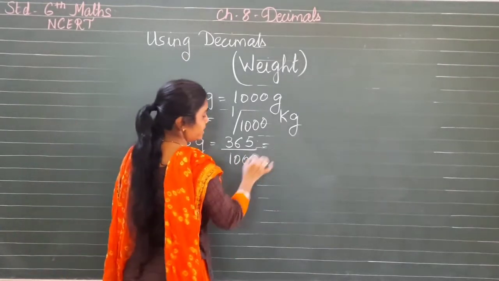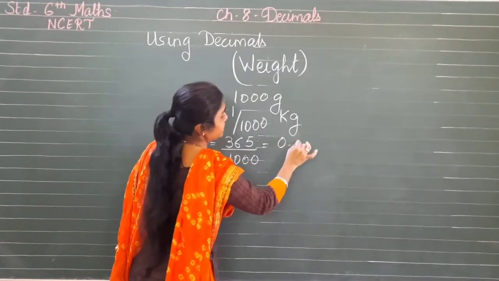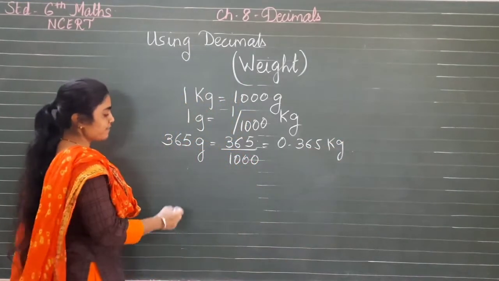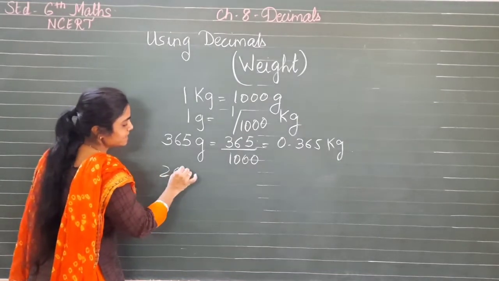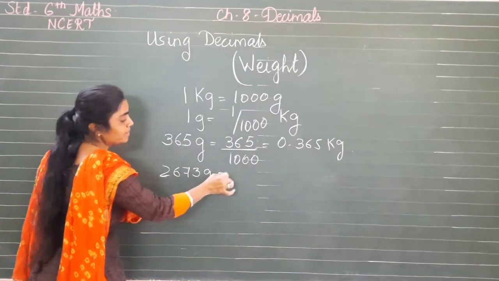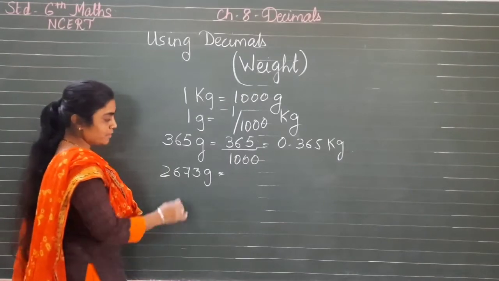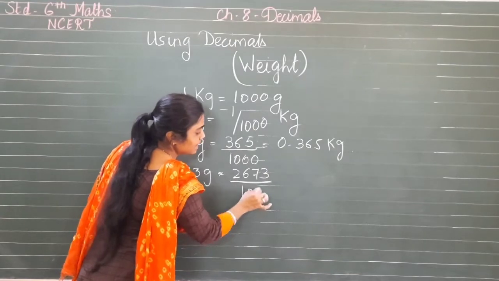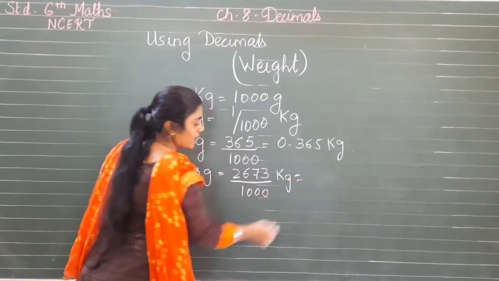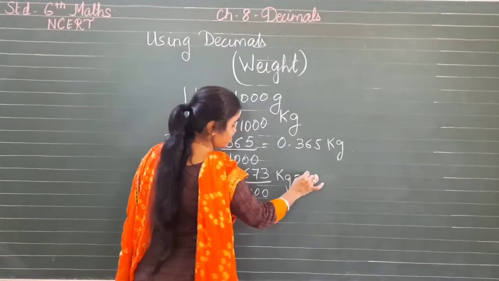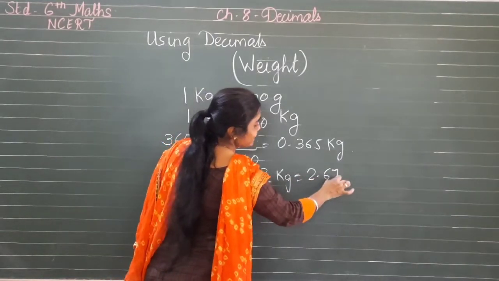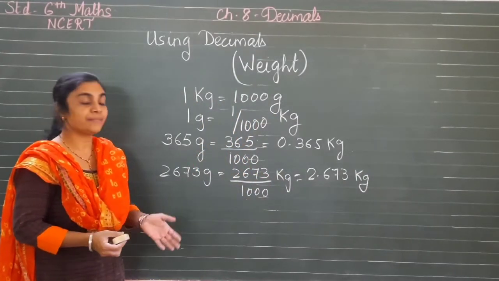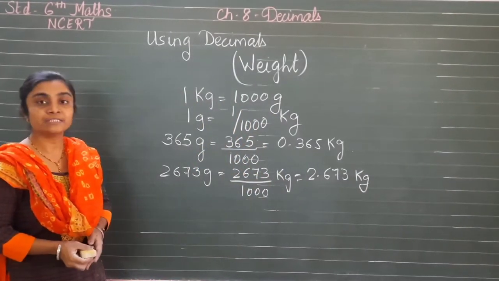So this will be converted into 0.365 kg. Now let us take another example. 2673 gram. Let us convert it into kilogram. So 2673 upon 1000 kg. Now there are 3 zeros, so the answer will be 2.673 kg. So a smaller unit can be converted into a larger unit by using decimals.